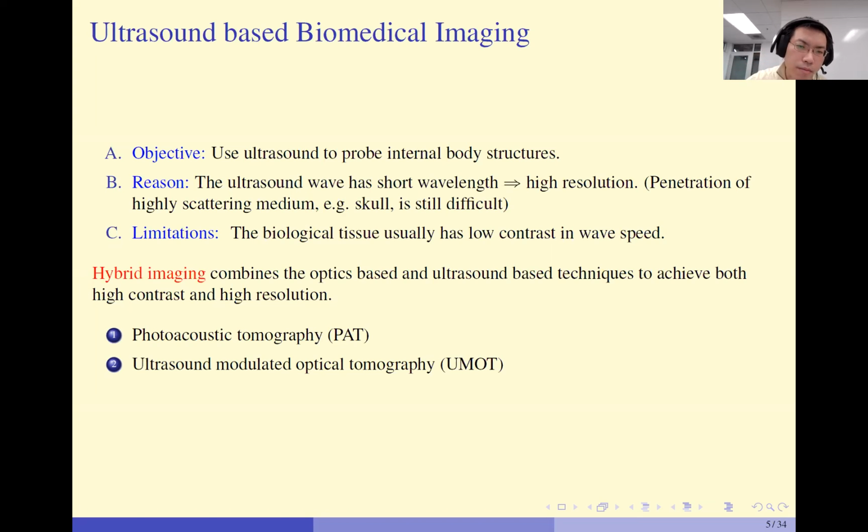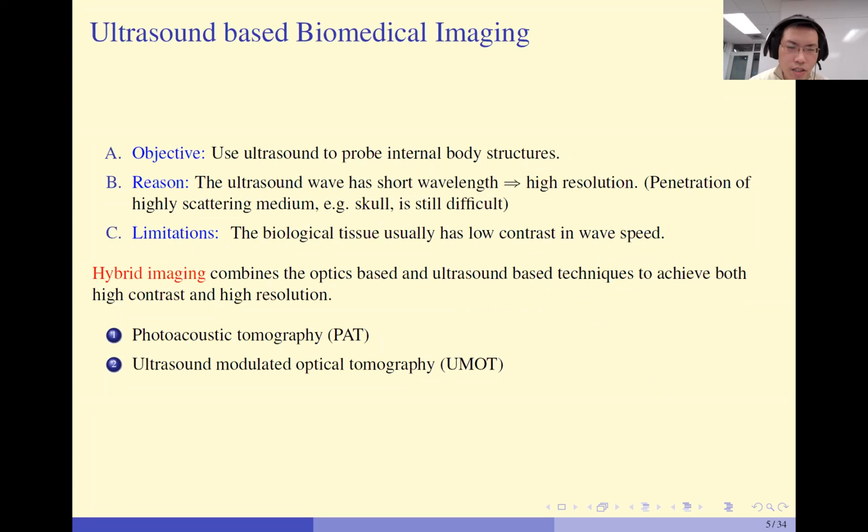The reason to use it is that ultrasound usually has quite short wavelengths, so you can have relatively high resolution if the medium is not that scattering. But there is an intrinsic limitation when the medium is highly scattering, like the skull, where there are many small porous structures that cause strong scattering and impose difficulty for imaging.